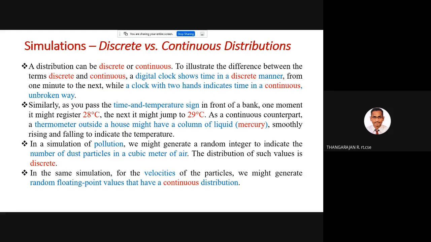Then another thing is discrete and continuous distributions. In physical phenomena, temperature is a continuous quantity, not a discrete one. So the real annealing of metal will be a continuous process, following a continuous distribution.